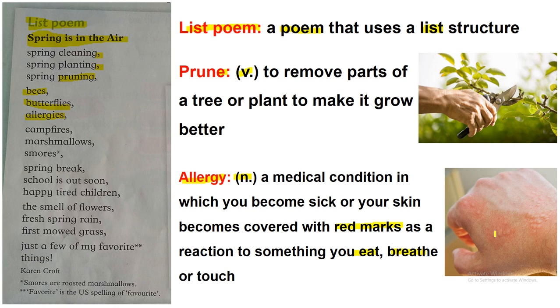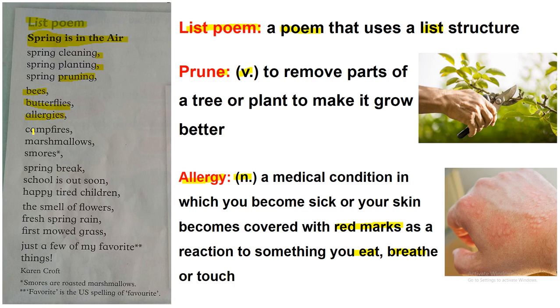Like the one in the picture here, this man has an allergy in his hand. Maybe he ate some food, he breathed something that made him have an allergy or something like that.